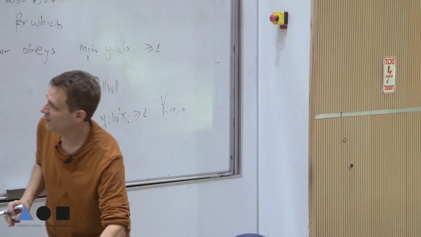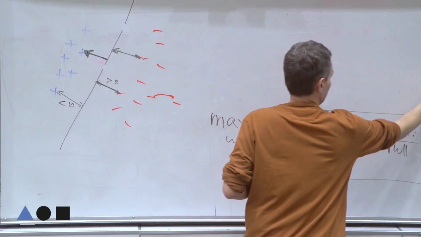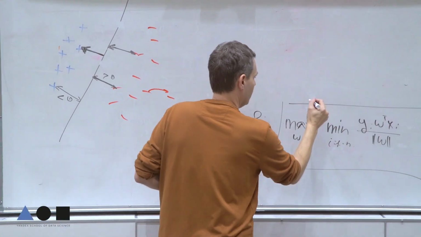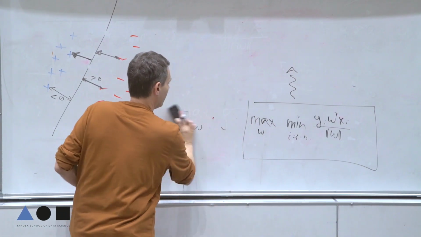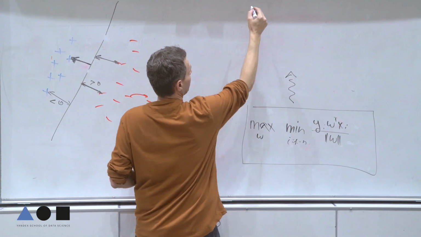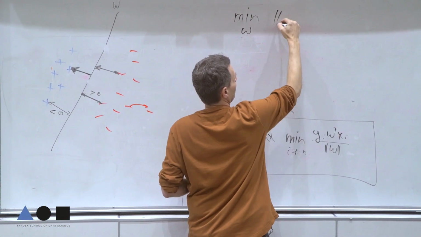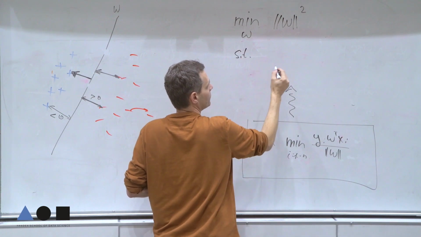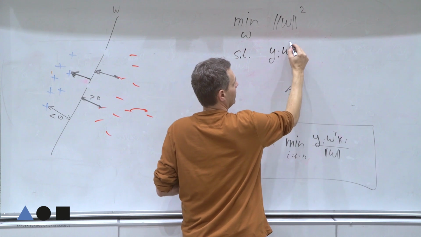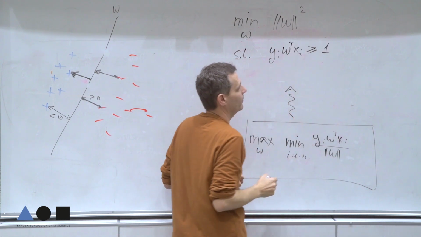You know what? Let me write it back here. So we got from here to an equivalent formulation that looks like this. We are trying to minimize the squared norm of w under n constraints, yi w transpose xi is larger than 1.